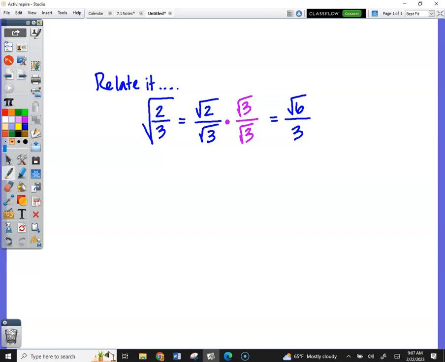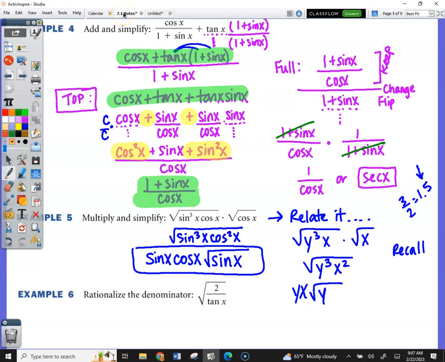Okay, we're going to do the exact same thing, but with a trig function. Doesn't change the rules of rationalizing. Instead of multiplying by the square root of a number, we're going to multiply by the square root of a trig function. So when we go back to the notes, we have the square root of 2 over tan. Okay, so I'm going to come over here and I'm going to rewrite that as the square root of 2 over the square root of tan.